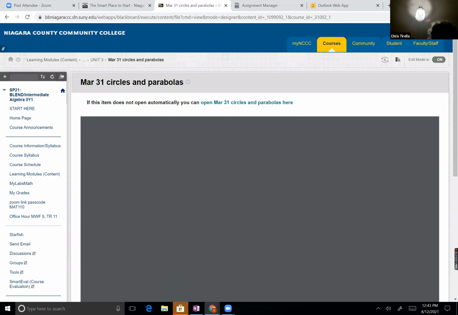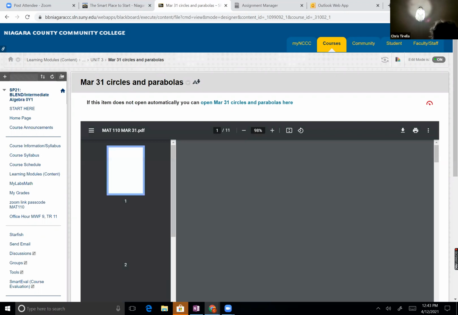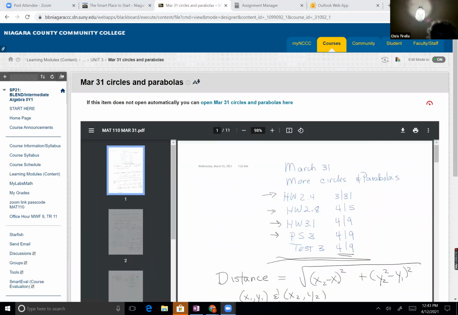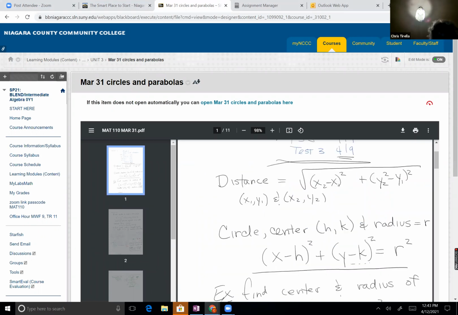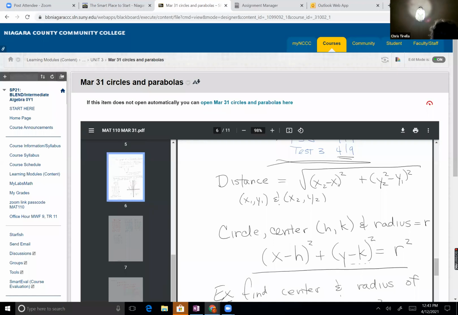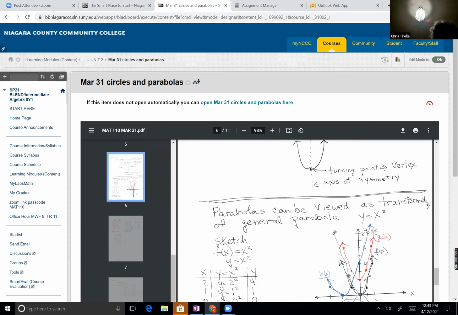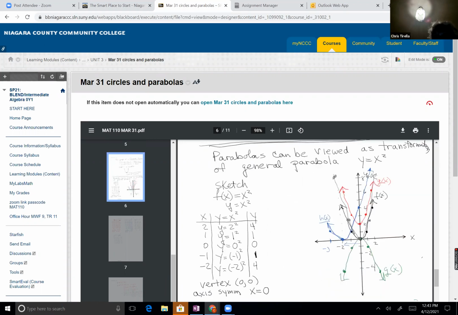Remember when we first started talking about parabolas? We started looking at a general parabola being y equals x squared. And we said that if we added something afterwards, we moved it up or down. And if we added something in the parentheses, we moved it right or left.